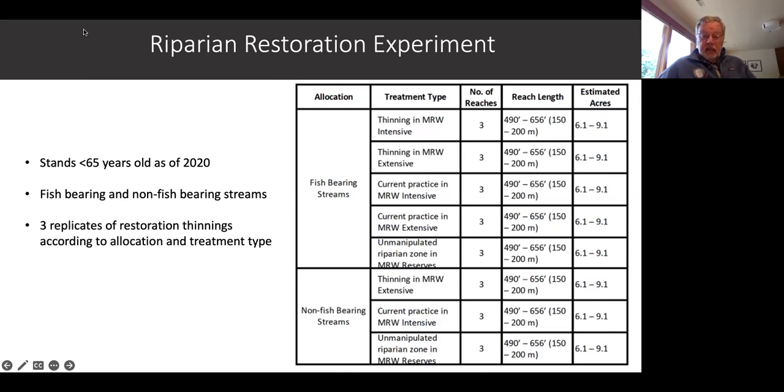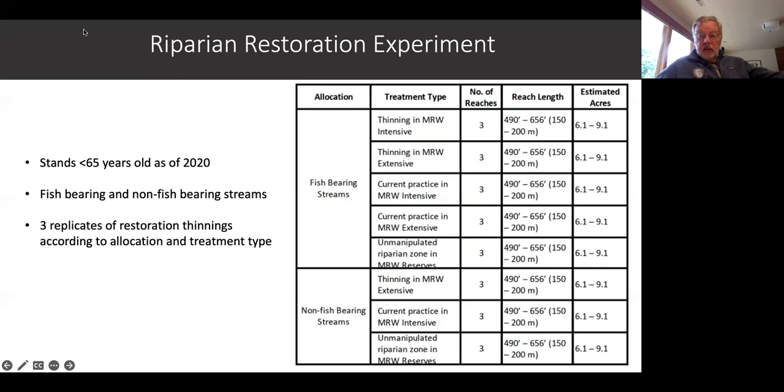So we feel like this focus on the non-fish-bearing streams will be a major contribution of work on the Elliott to our understanding of aquatic ecosystems, and potentially making our system more productive moving forward in the future.